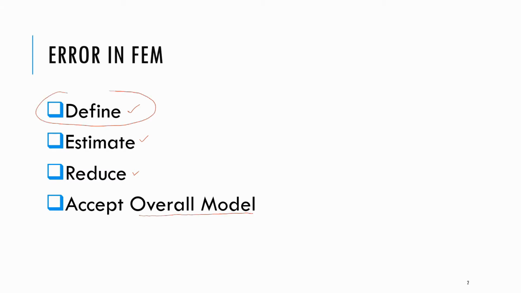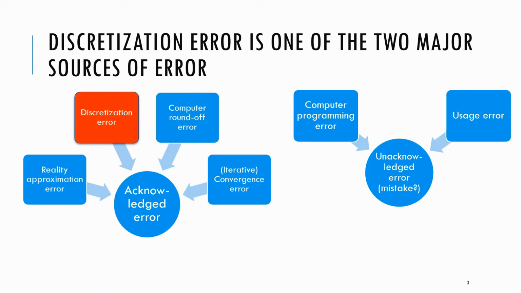So first, we just want to define error. Now, in a separate video, we have discussed all the different types of errors that we can make in computation, starting from just simply usage error or computer programming error, convergence error, or round off error, and then discretization error and reality approximation error, or how much error we make by approximating the physical process into a governing equation and boundary condition.